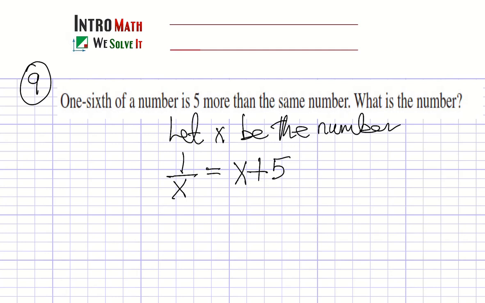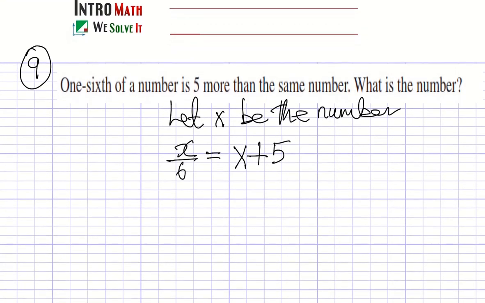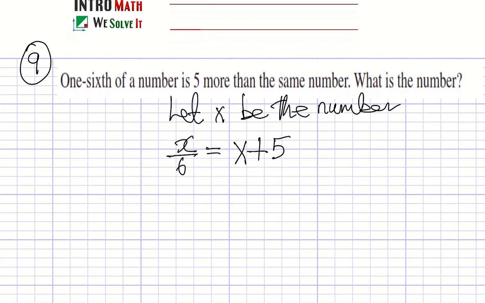Actually, 1/6 of the number is like this, 1/6 x. Basically, it doesn't matter how you write it. It's same thing. x over 6 is equals to that. That's all they're saying, man. So we'll have to solve this equation, okay?